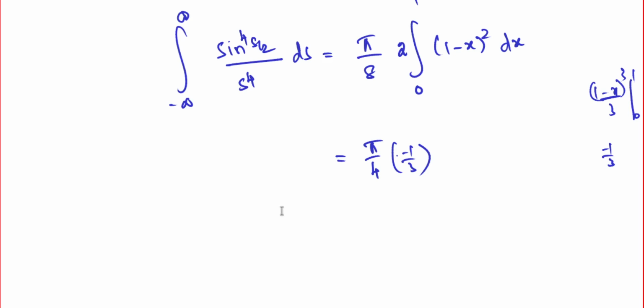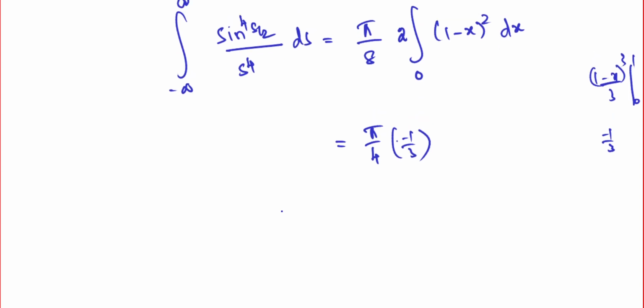But what I wanted was the integral from 0 to infinity of sine to the power 4t divided by t to the power 4, right? So what we will do is we'll try to substitute something.